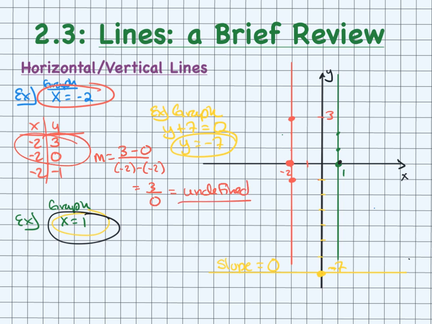So vertical lines are our lines that have undefined slope. I'd love to say infinite slope because the slope is infinitely large, but we say undefined slope. Horizontal lines do have a slope, it's just 0.